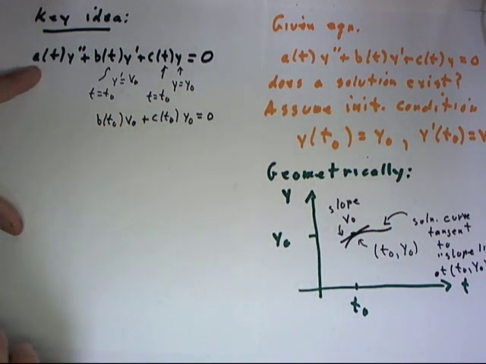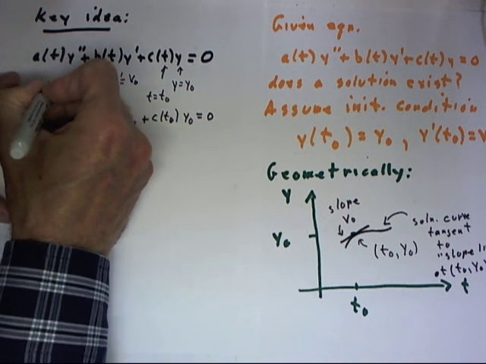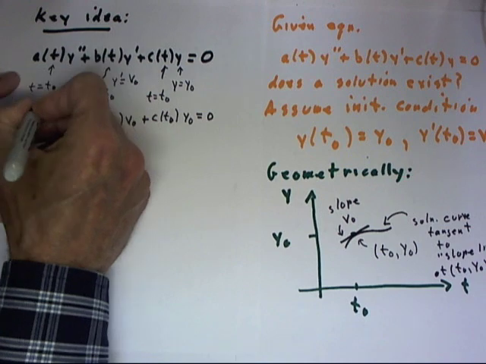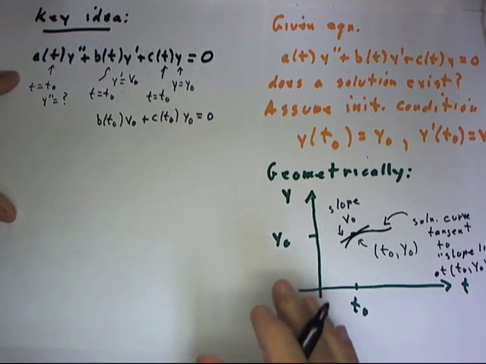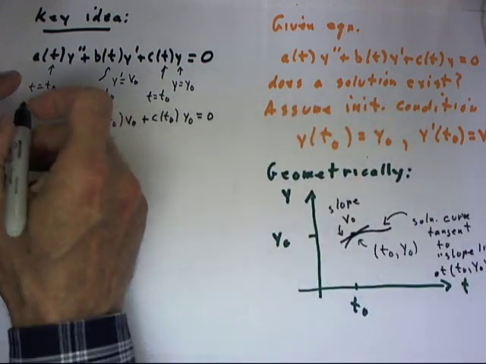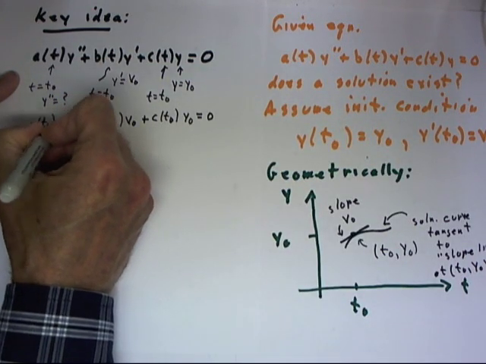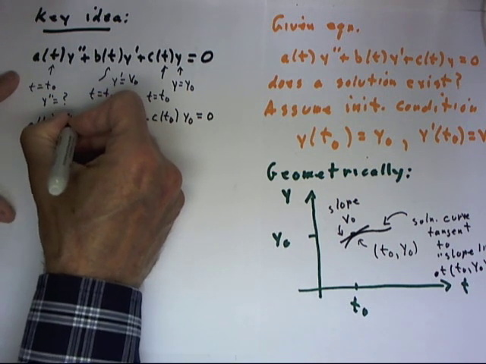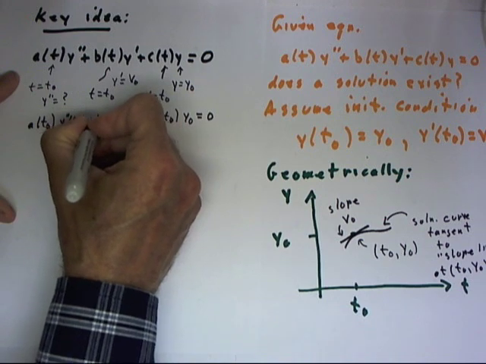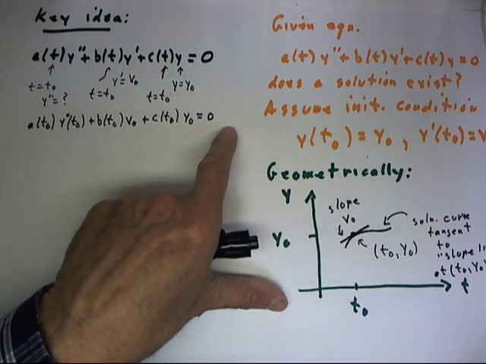And what do we get here? Well, again, we know that t equals t naught. We don't know what y double prime is. That hasn't been specified. But now we know that a of t naught, y double prime of t naught, plus these terms have to add up to 0.